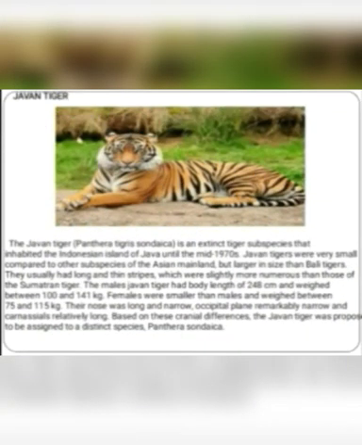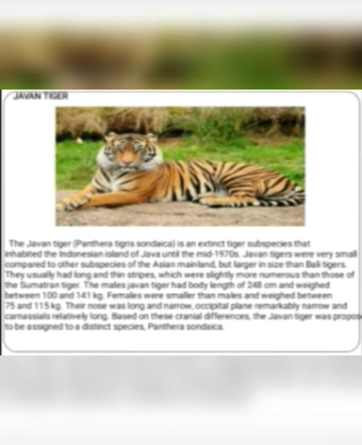Well, this is an example of report text. As you can see, the Javan tiger. The Javan tiger, or Panthera tigris sondaica, is an extinct tiger subspecies that inhabited the Indonesian island of Java until the mid-19th century.